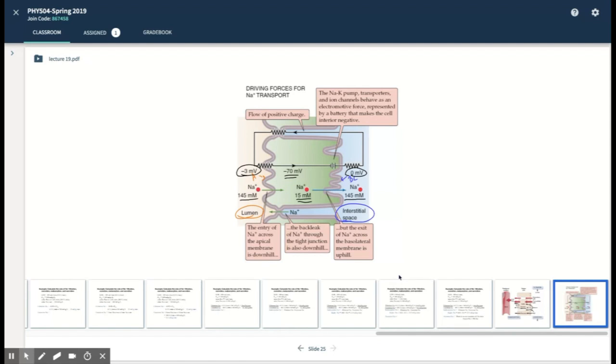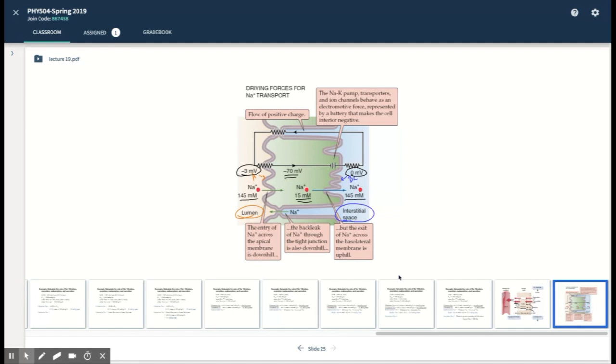You also have a roughly equivalent sodium concentration on the luminal side and on the interstitial fluid side as you move through the proximal tubule. So we have overall movement transcellularly for reabsorption. Most of it is going to move that way at this part of the nephron.